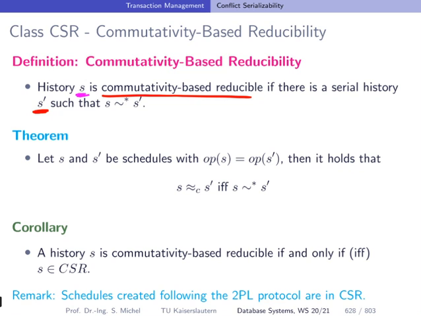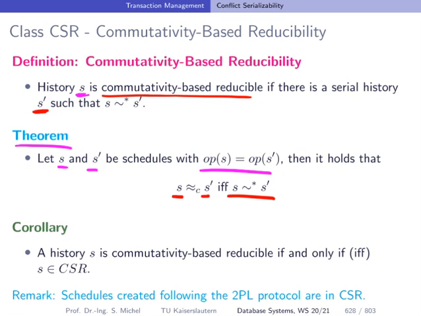And then, what I already motivated, we have the following theorem. If we have S and S prime to be two schedules with the same operations, then S is conflict equivalent to S prime if and only if S is commutativity-based reducible to S prime.